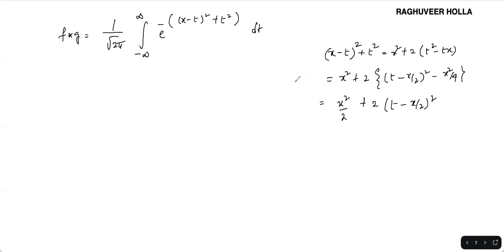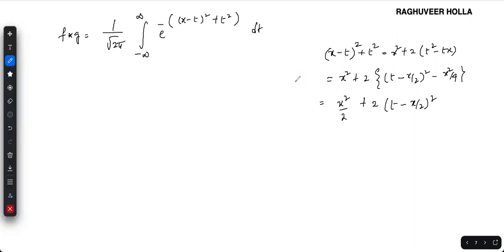The power becomes 1 by root 2 pi, integral from minus infinity to infinity of e to the power of minus of x square by 2 plus 2 times (t minus x by 2) whole square, dt.